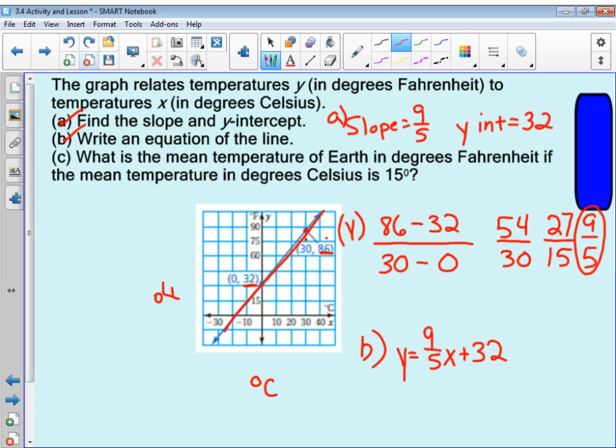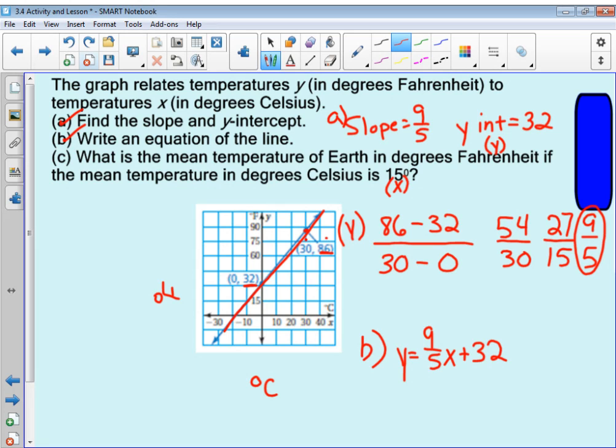Letter C, what is the mean temperature of Earth in degrees Fahrenheit if the mean temperature in degrees Celsius is 15 degrees? Okay, so now they're not giving us the letters X's and Y's. They're talking about Fahrenheit and Celsius. So let's go ahead and identify. Okay, the Fahrenheit was our Y's and our Celsius was our X's, right?